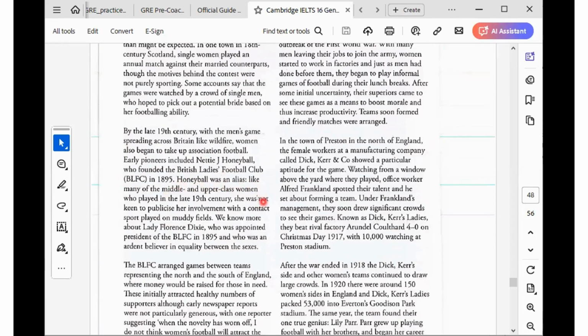Honeyball was an alias, like many of the middle and upper class women who played in the 19th century. She was not keen to publicize her involvement with the contact sports played on muddy fields. We know more about Lady Florence Dixie, who was appointed president of the BLFC in 1895 and who was an ardent believer in equality between the sexes. So you see, they mentioned BLFC again here, and connected it to Lady Florence Dixie.